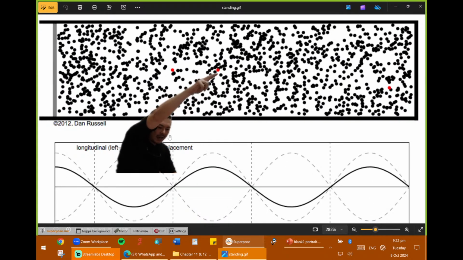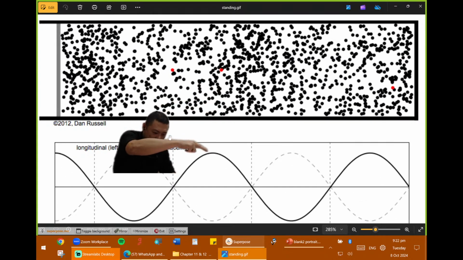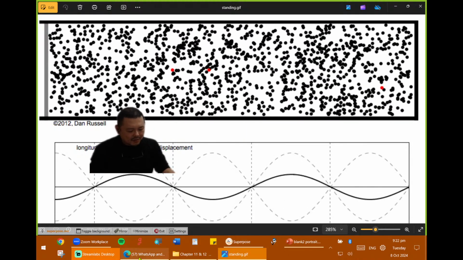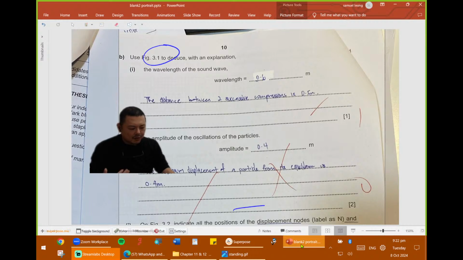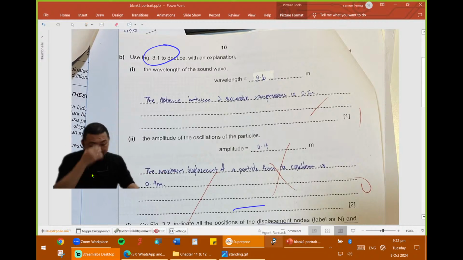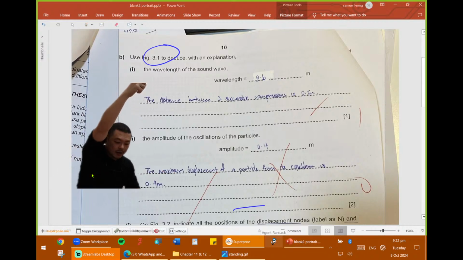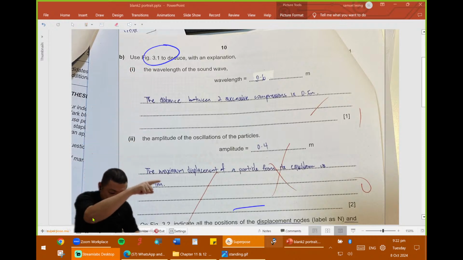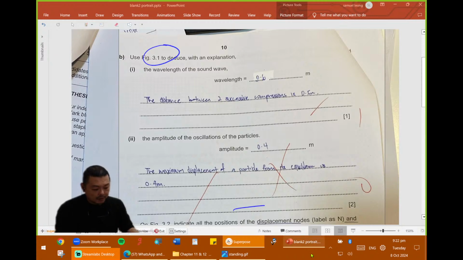That red particle there is the antinode. It has the biggest amplitude. So different particles have different amplitudes. From my understanding, they only want you to find the amplitude of figure 3.1. So sorry, it is true. It is the maximum displacement from equilibrium.